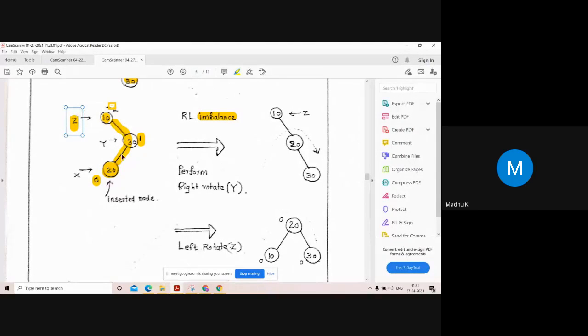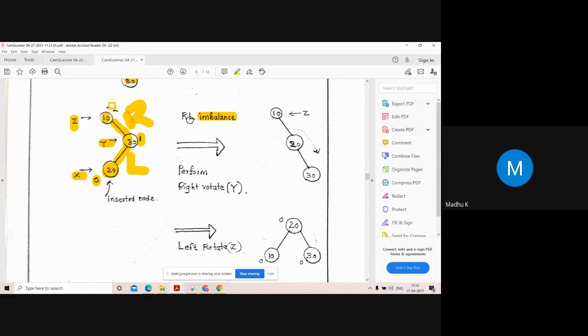Then in this path, the child of z is y. I marked this also. Then, following this path, the child of y is x. I marked it in this way. So basically, this is the right child of z, and this is the left child of y.